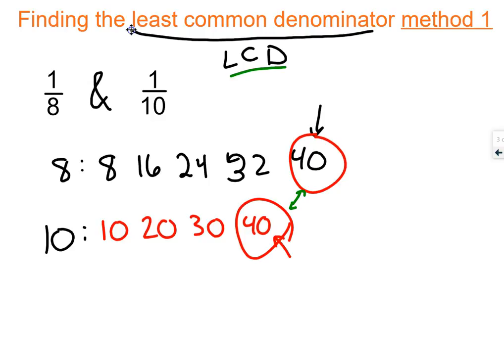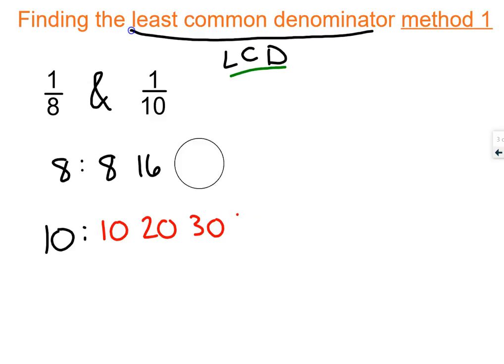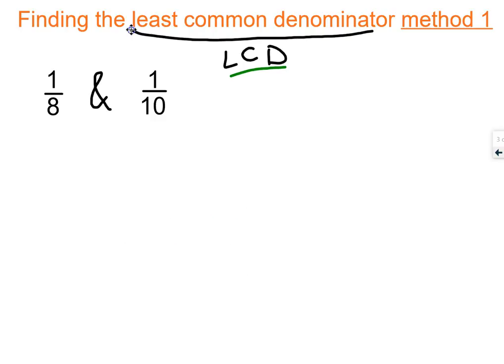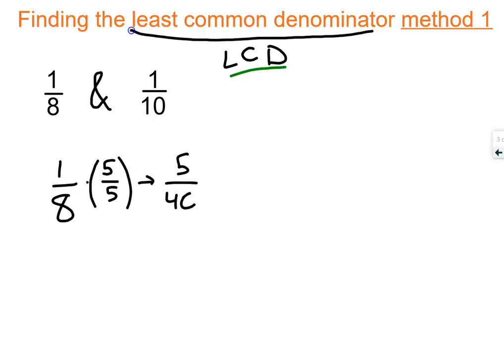Once we've found the number 40, all you need to do is go back to your fractions and change them. 1/8, we're going to multiply by 1, and the one we're going to choose is 5/5. What that does for us is give us 5/40, the common denominator. Now we move to 1/10. This is not going to be 5/5, because that won't give us a denominator of 40.